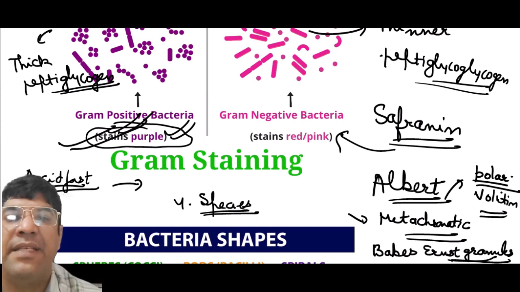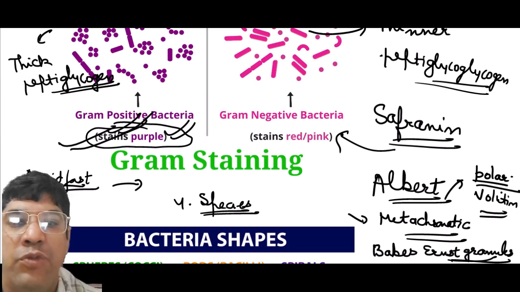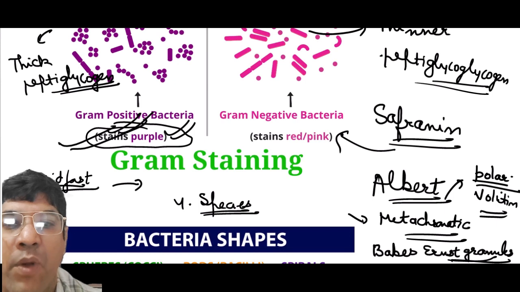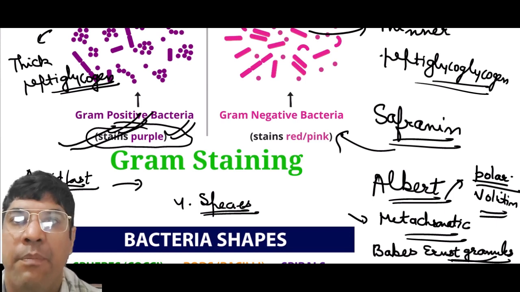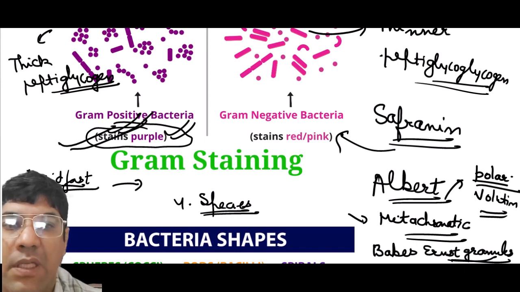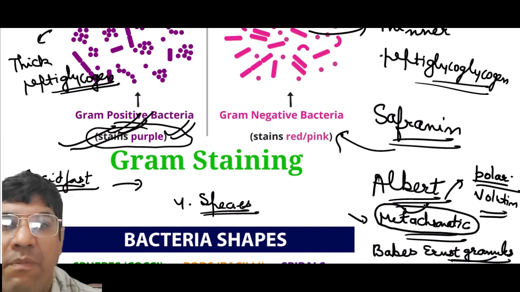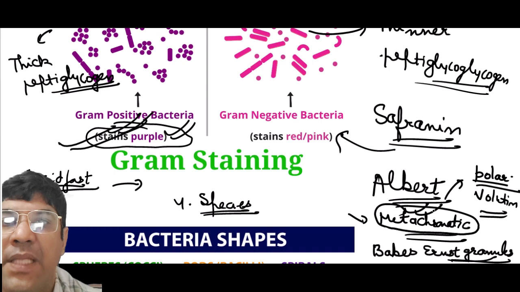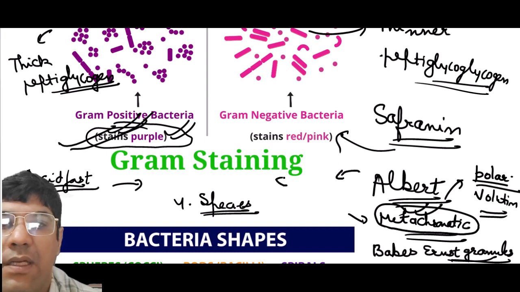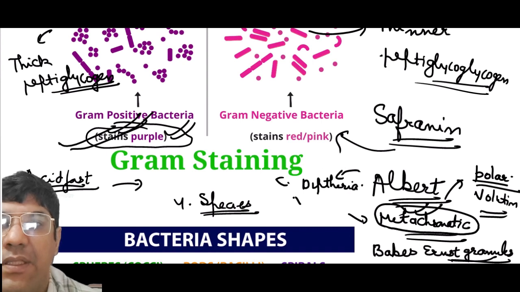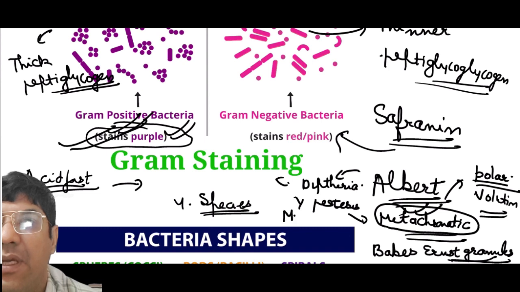So Albert staining is a type of differential stain that is used for staining high molecular weight polymers of polyphosphate known as the metachromatic granules. These are found in Corynebacterium diphtheriae. They are also found in Yersinia pestis and Mycobacterium species.